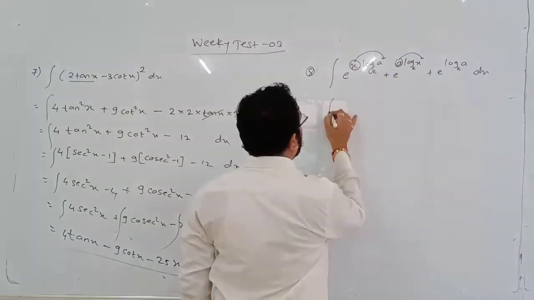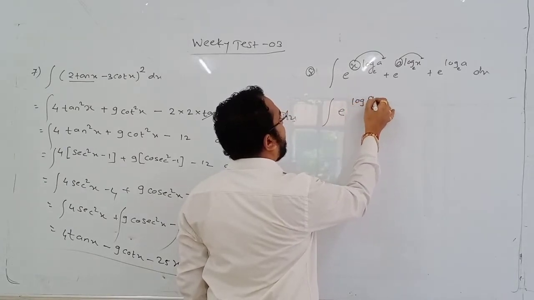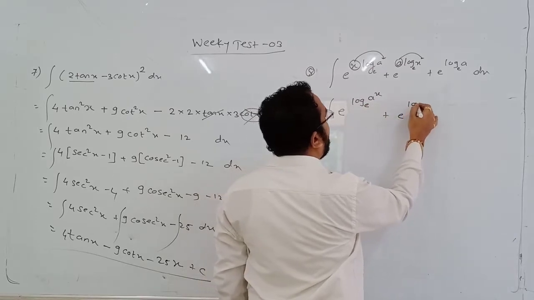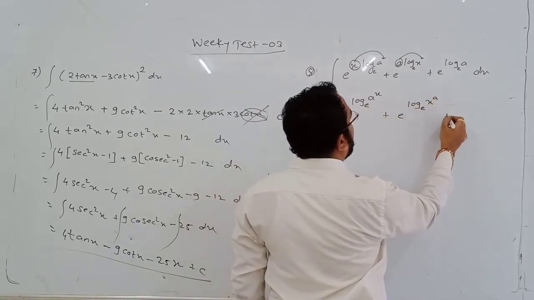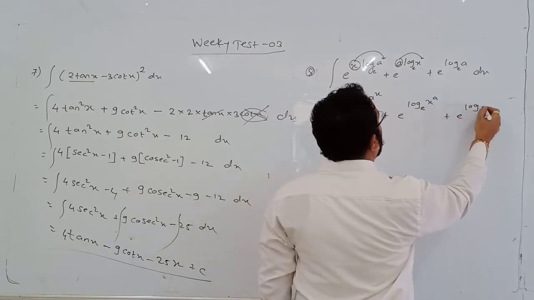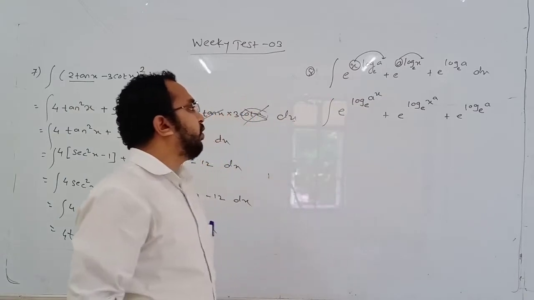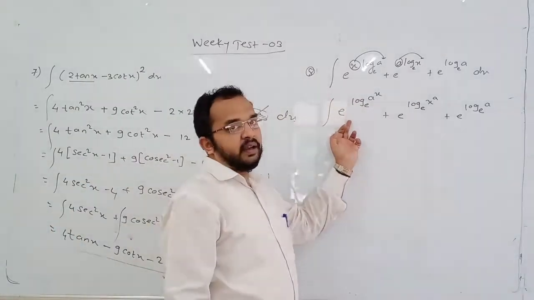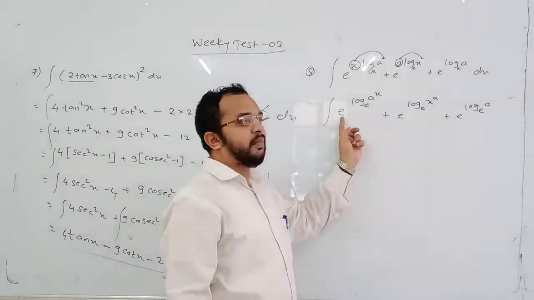So the question becomes e to the power log a to the power x base e, plus e to the power log x to the power a base e, plus e to the power log a base e. Now see what you are going to observe. If a number is there, in power of the number log is there, and the base of that log is the number itself.